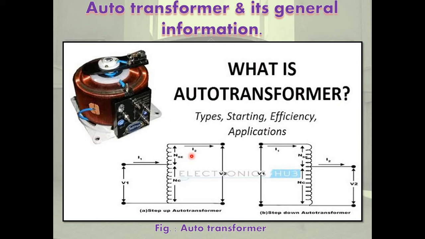So the phase sequence RBY is the reverse of the phase sequence RYB. The direction of rotation of a three-phase induction motor depends upon the phase sequence of the supply connections. So these are all the basic details of auto transformers.